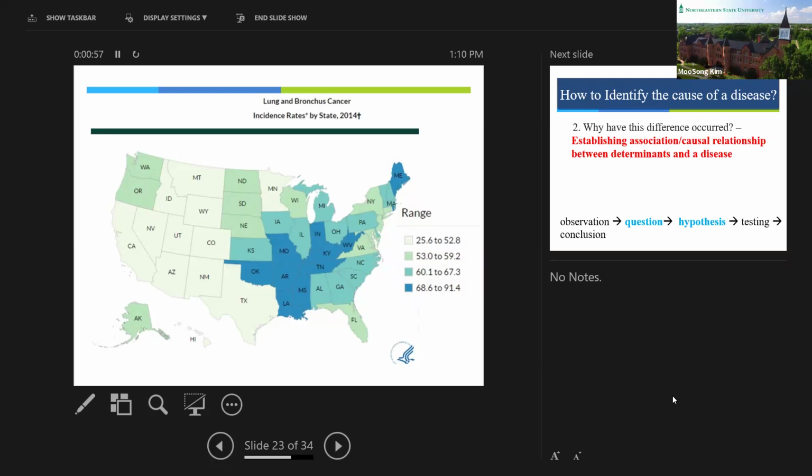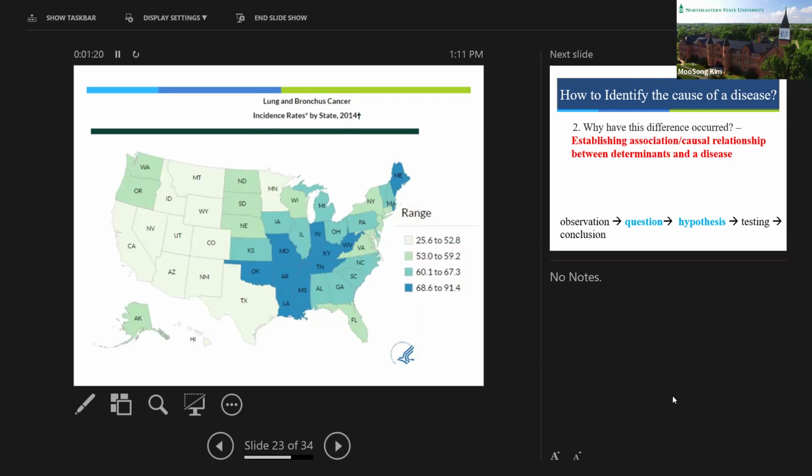There are more rates of lung cancer. So which area has a higher lung cancer rate? Missouri, Oklahoma, Arkansas, Louisiana, Mississippi, these areas, right? These are higher lung cancer areas. You can see the patterns, right?